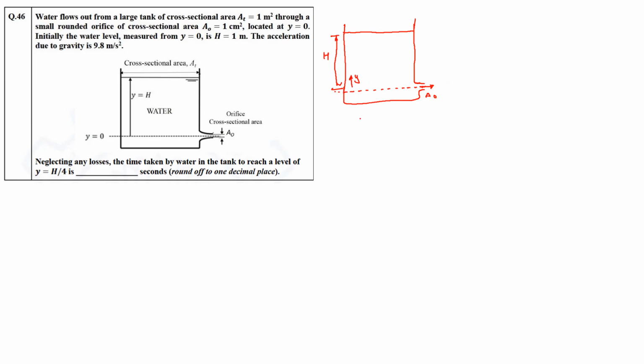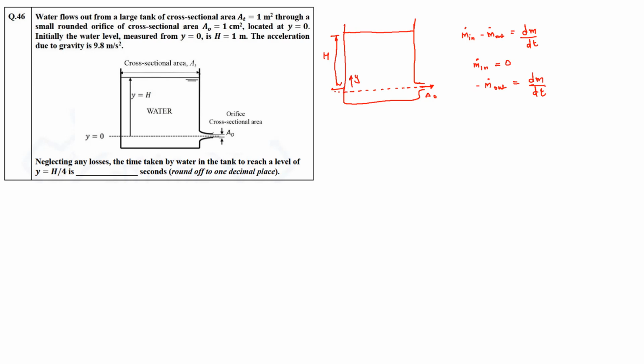Now let's try to invoke the mass conservation equation, that is, mass coming in minus mass going out is equal to the rate of change of mass inside this container, or the control volume you can say. It's easy to see that there is no mass coming in, so this goes to zero, and simply the mass going out is equal to the rate of change of mass inside this container.